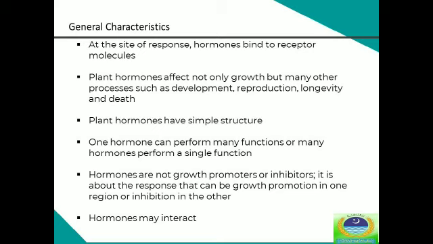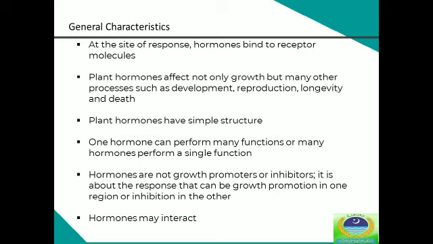Another interesting thing is that one hormone can perform many functions. So we will discuss later when we discuss different classes of hormones. And many hormones can perform a single function. For example, flowering is believed to be affected by a combination of hormones. Similarly, hormones are not growth promoters or inhibitors, as often they are classified, as some are growth promoters and some are growth inhibitors.